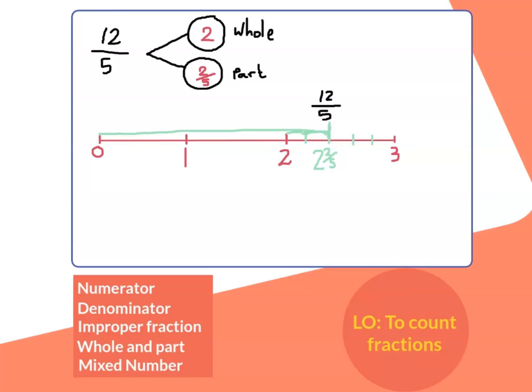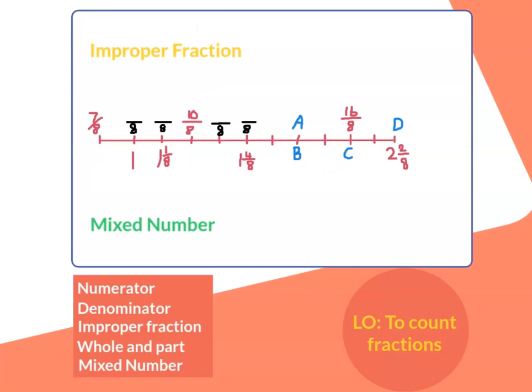I'm wondering, have you noticed that improper fractions can be recorded in 2 ways on a number line? Let's have a little look at that. They can be recorded as improper fractions, where the numerator is bigger than the denominator, or they can be recorded as mixed numbers.